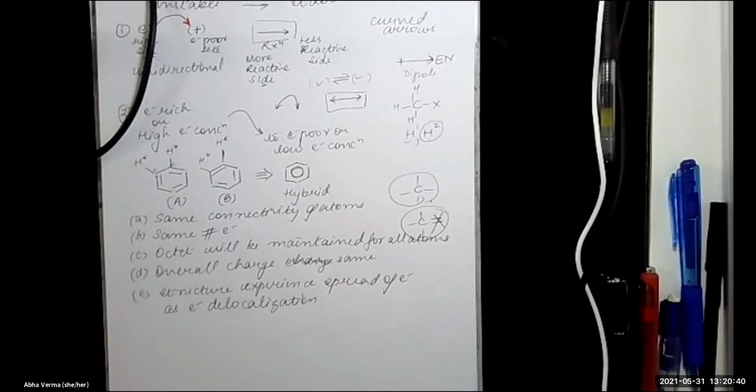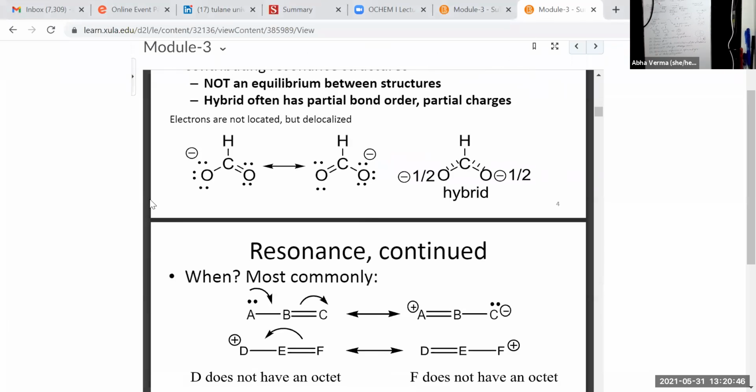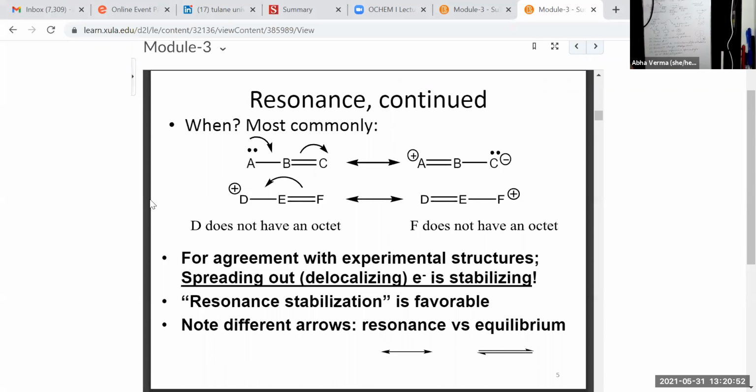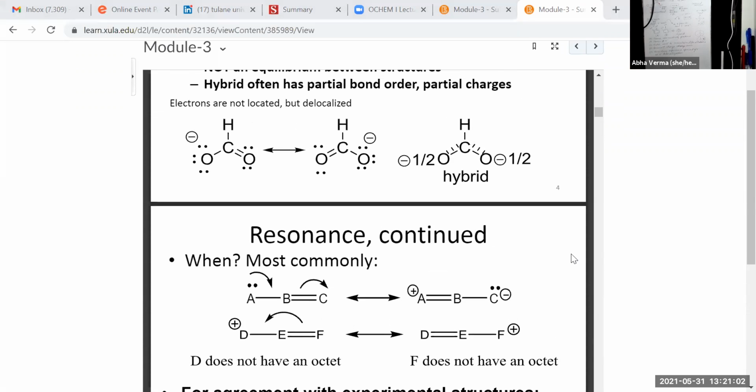Okay, let me share my screen again with you. So if you look back at this molecule that we have right here, what is happening? The electrons are delocalizing or spreading out. That's what is happening. In this structure above, I'm going to draw my curved arrow.